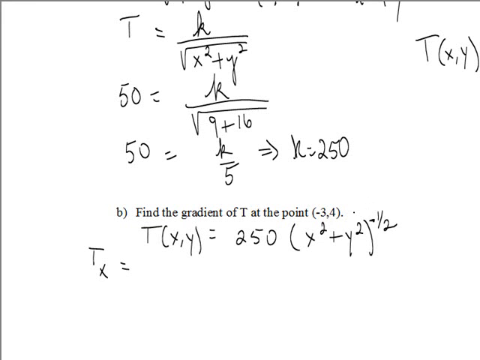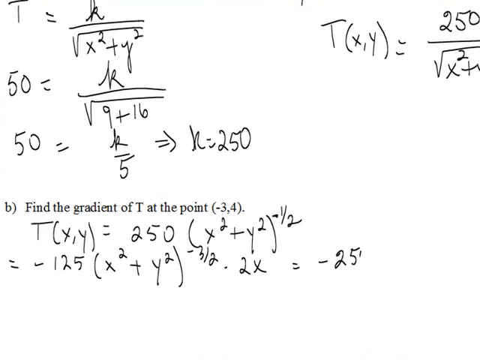T with respect to x, that's -1/2 times 250, which is -125, times (x squared plus y squared) to the -3/2 times 2x, chain rule. So this is equal to -250x over (x squared plus y squared) to the 3/2.